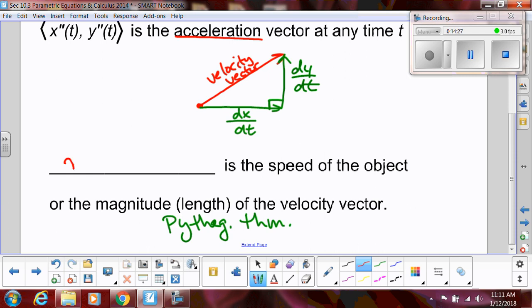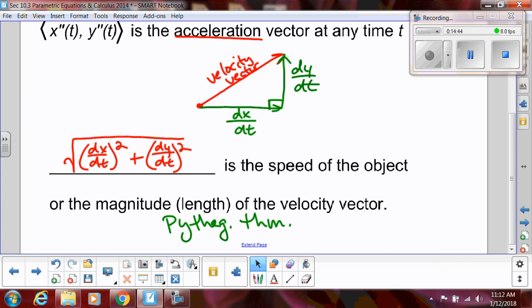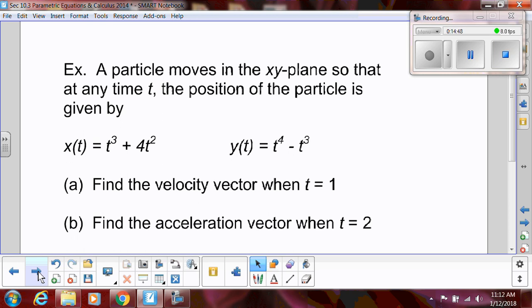That's going to be the square root of dx/dt squared plus dy/dt squared. So that is the speed and the magnitude of the vector. So let's look at an example.